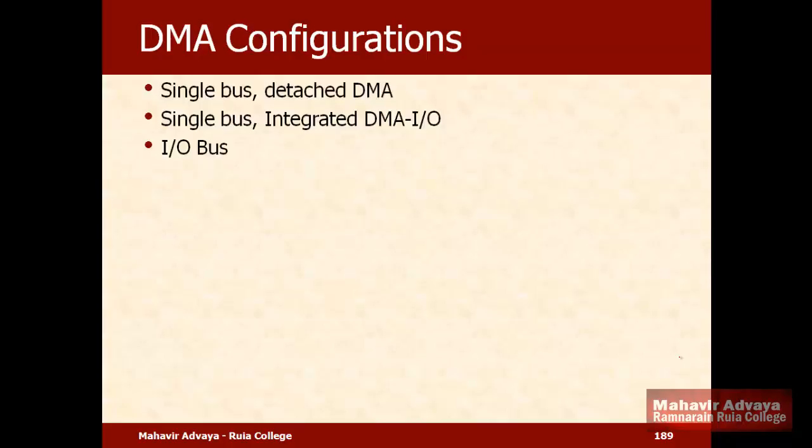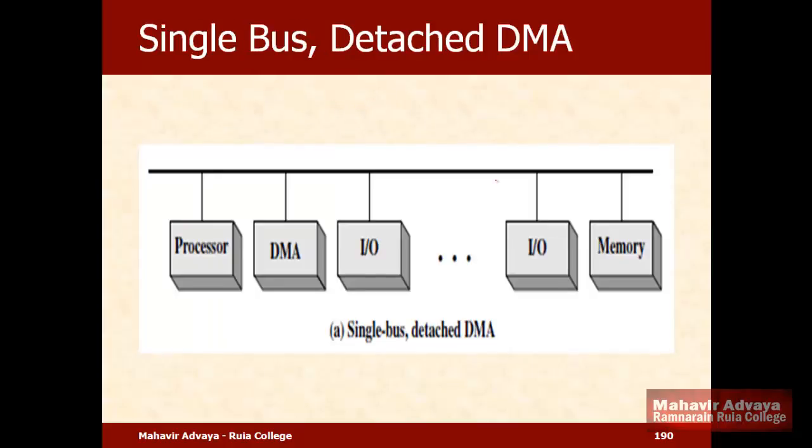So DMA can be configured in three different ways: single bus detached DMA, single bus integrated DMA with IO, and IO bus. In the first mode, you can see the DMA, input output and memory all attached to the same system bus. This system bus connects the processor, DMA, input output and memory. Whenever DMA needs to read the data, it takes over the system bus from the processor, and the processor is not able to use the system bus till the entire input output is completed.